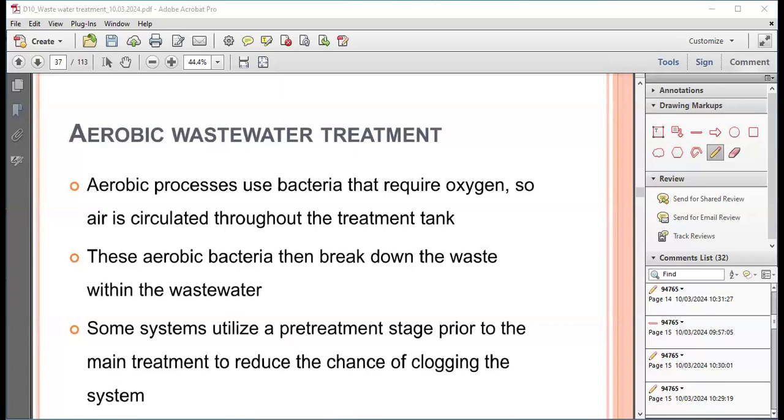Clogging means obstruction with thick or sticky matter. One example is cars blocked on the highway, a vehicle jam.